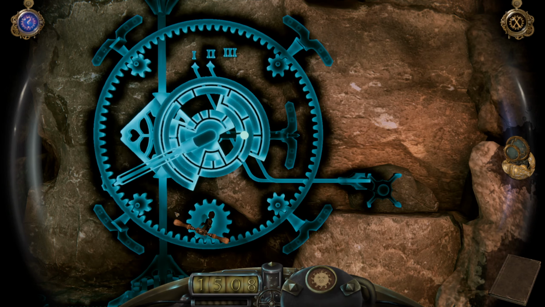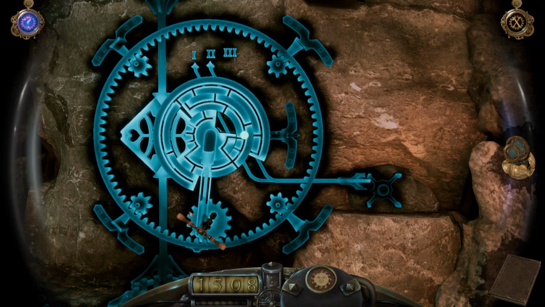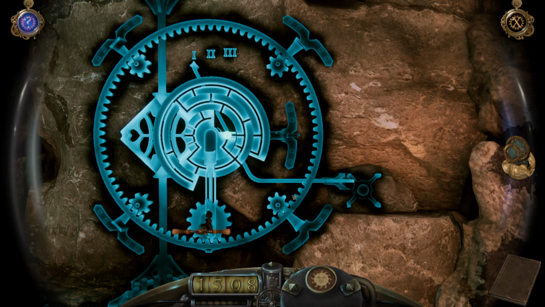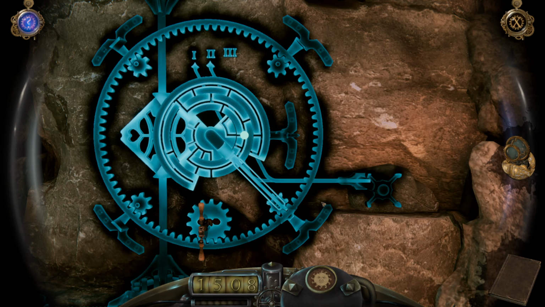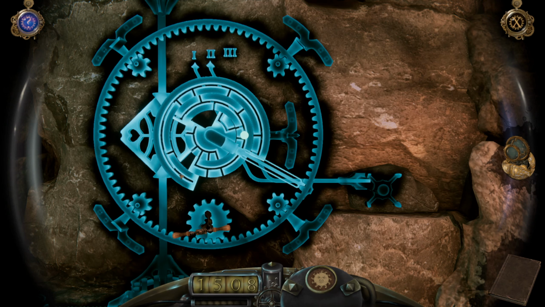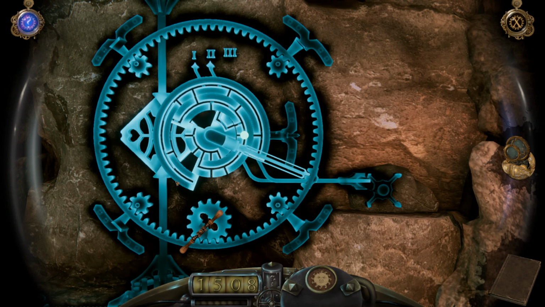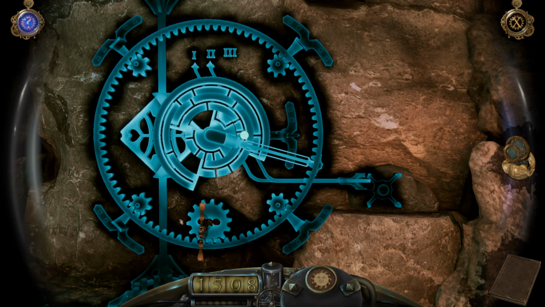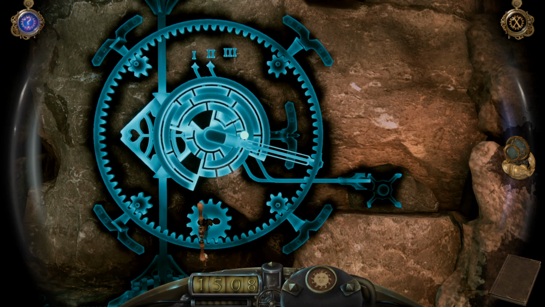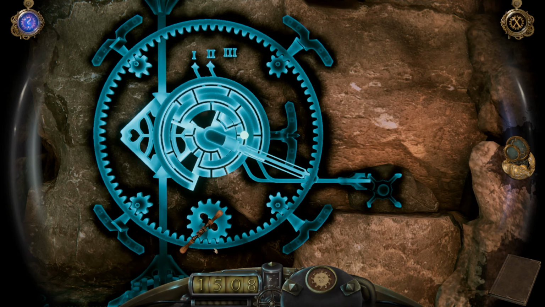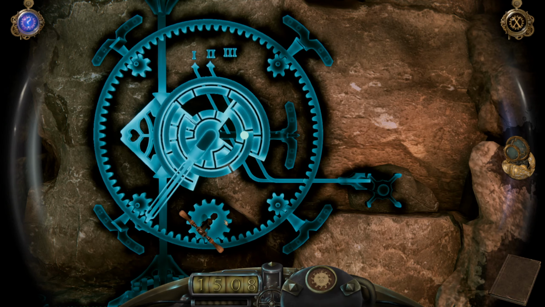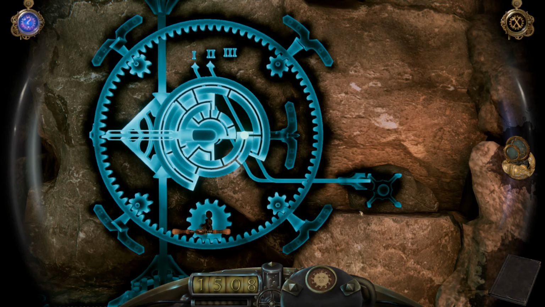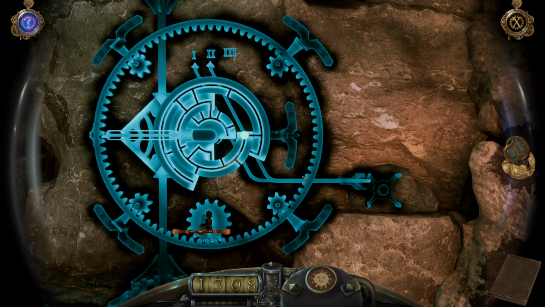Is the goal to make it turn the whole way around? I mean, it's never going to turn... that peg never moves. So it's never going to turn past that spot. But it can be stopped by that metal bracket.